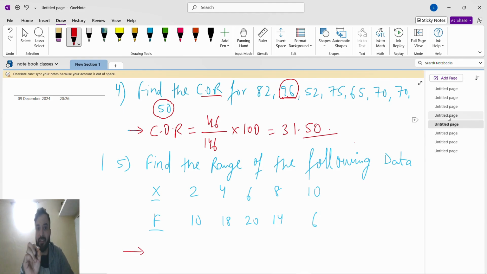First tell me, in range what do we have to focus on? Obviously, in range we have to focus on the observation.